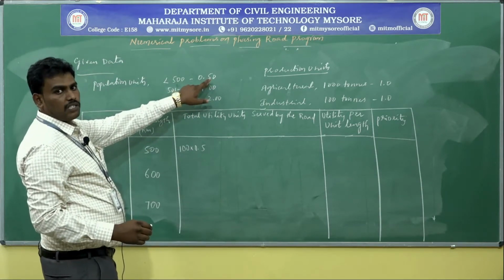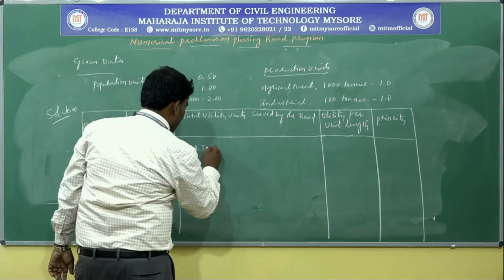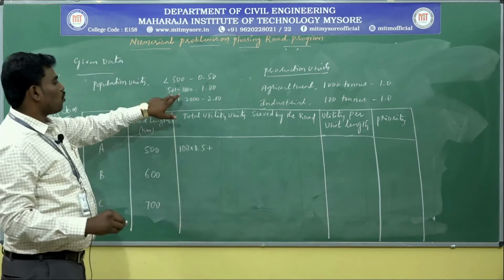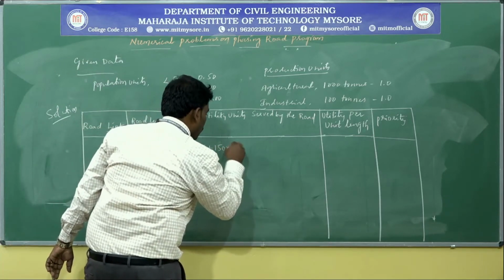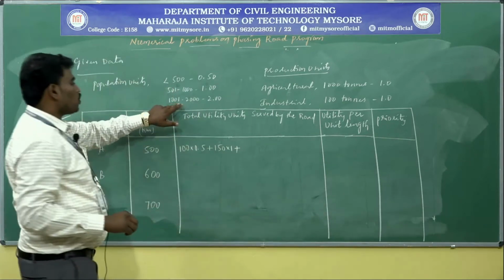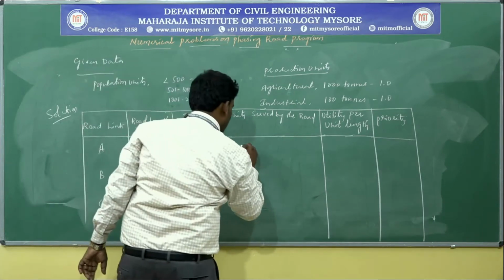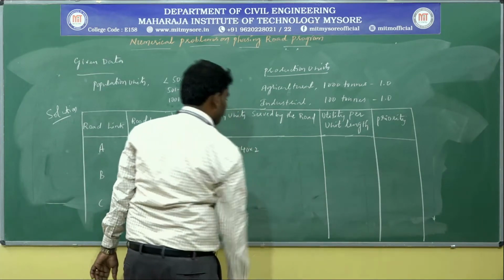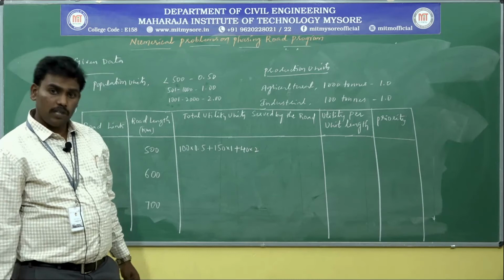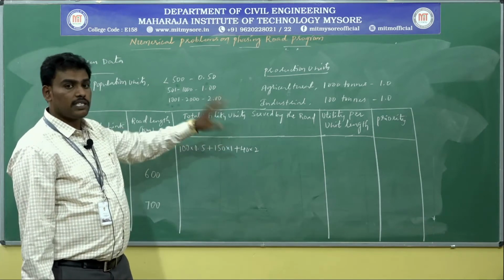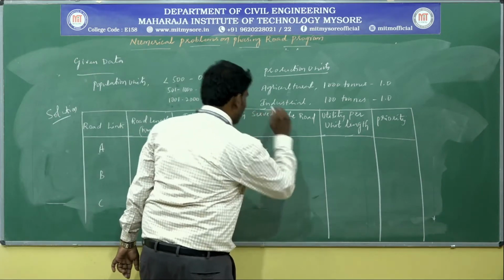Then 501 to 1000 has 150 villages, so 150 into 1, plus 1001 to 2000 has 40 villages with unit 2, so 40 into 2. The summation of this will give the population units. But the total utility units is the addition of both population and production units, so I will move on to the production units.